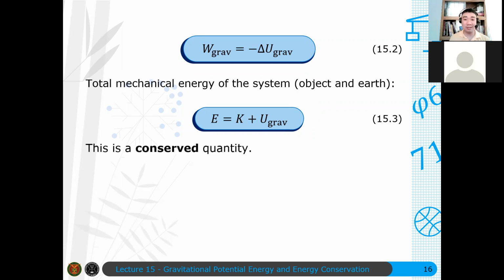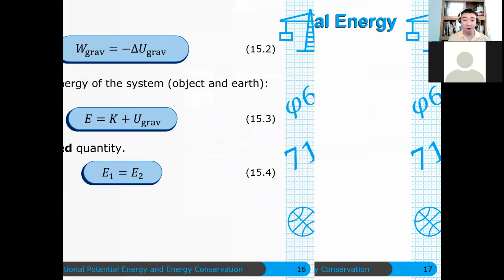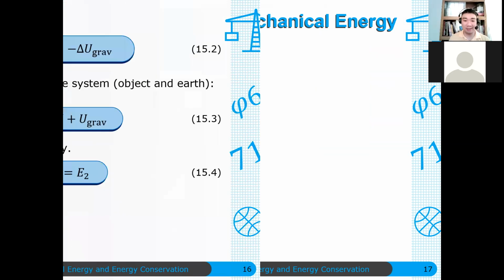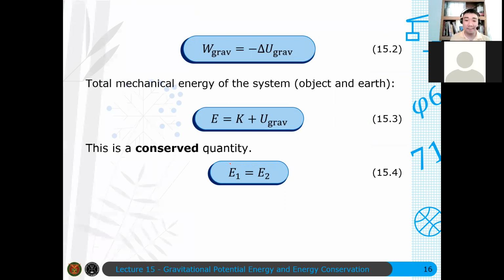And hence, we can see that at the initial state and at the final state, the total mechanical energy is constant, and therefore it is a conserved quantity: E1 equals E2. The total mechanical energy at the initial state is equal to the total mechanical energy at the final state. Questions? May tanong?